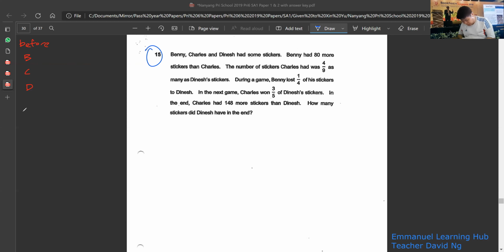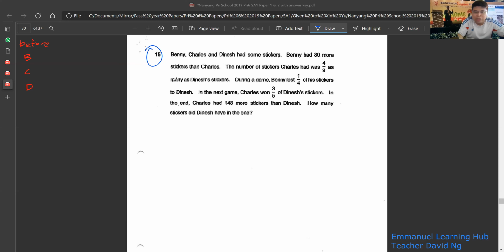Because you need to know, for the exam, that they have comparison. Yes, there's comparison going on. And there are exchanges going on also, right? Lost the stickers to so and so, won the stickers from so and so. So these are all exchanges.